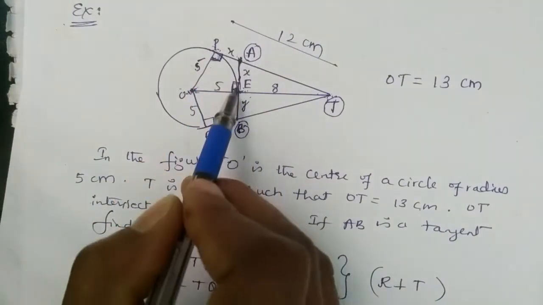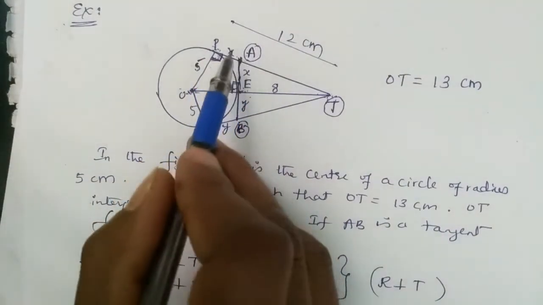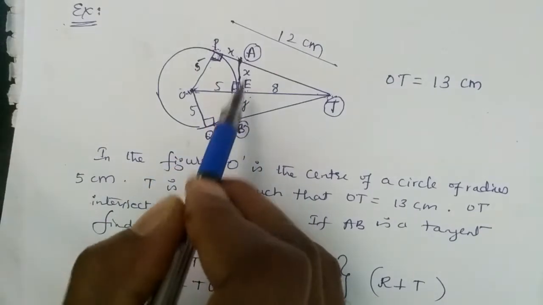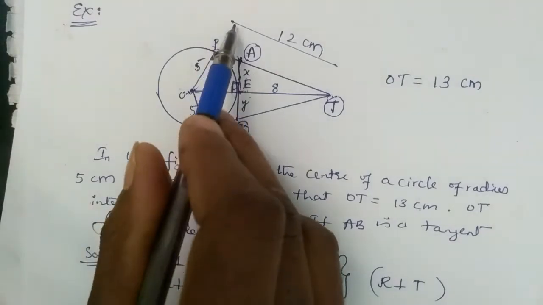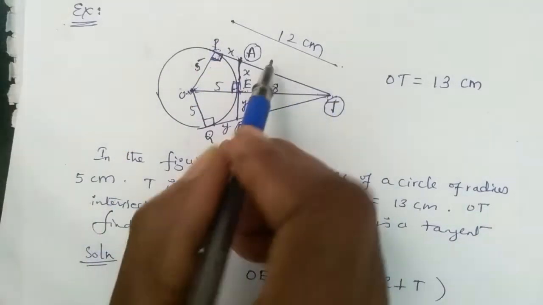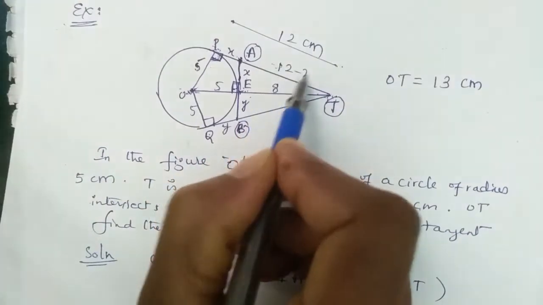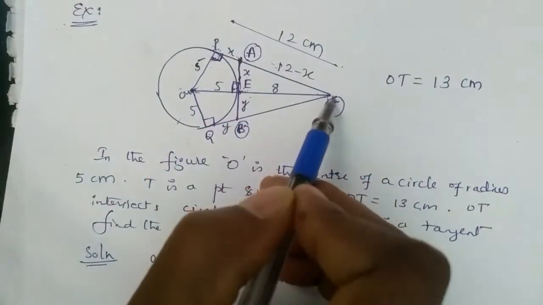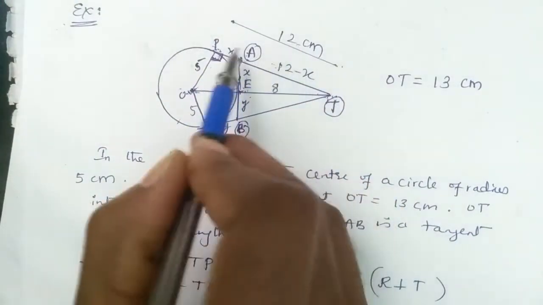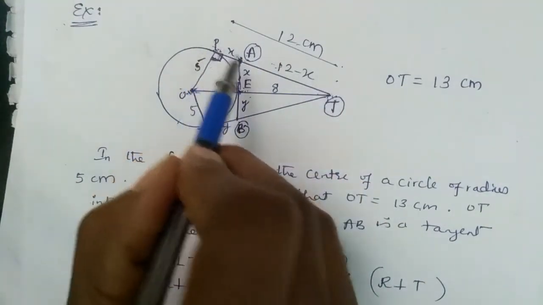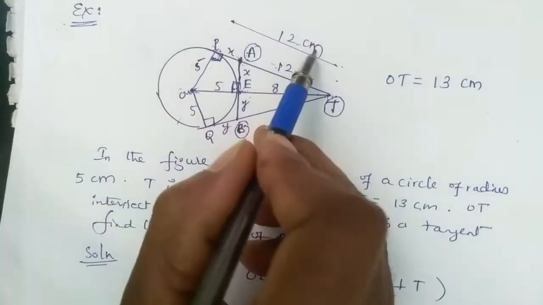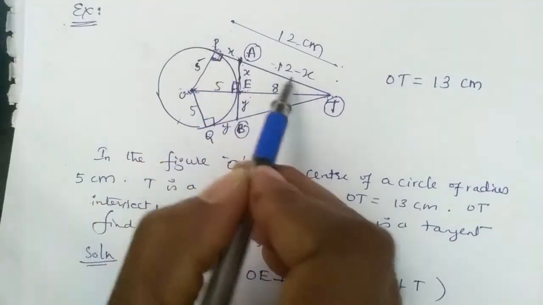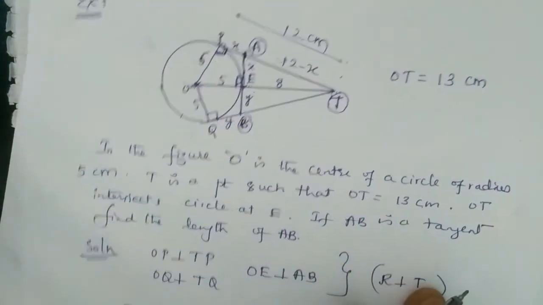Now A to P and A to E are both drawn from the same A, so therefore AP is equal to AE, both are X. Now we got whole TP equal to 12. P to A is X, so X is subtracted from 12, this part is removed, and the remaining is 12 minus X.